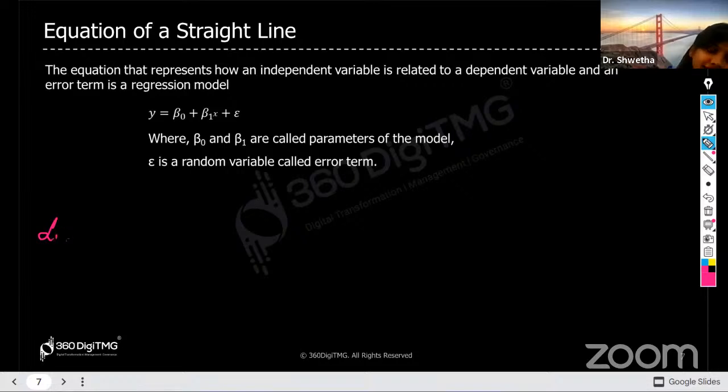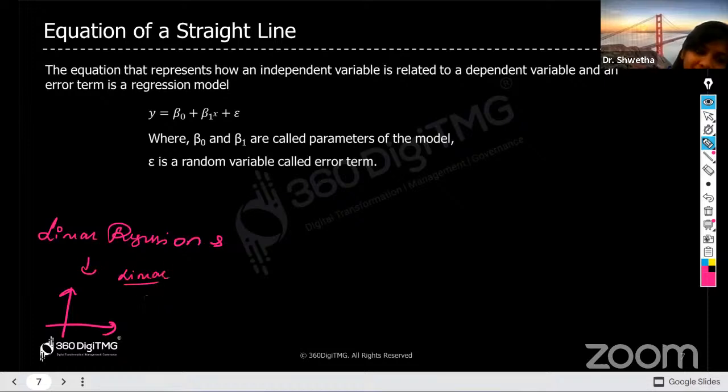So in linear regression, we are assuming a few things. If we are applying a linear regression model, we're assuming that both the variables are linearly dependent.